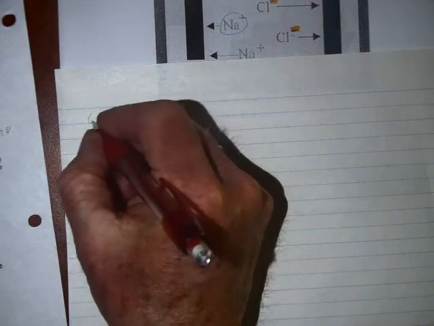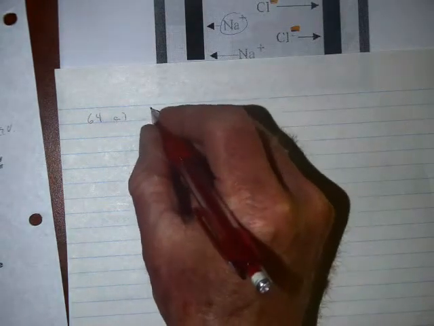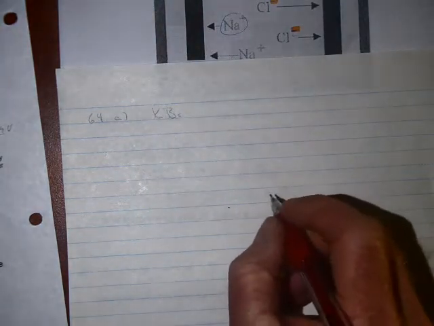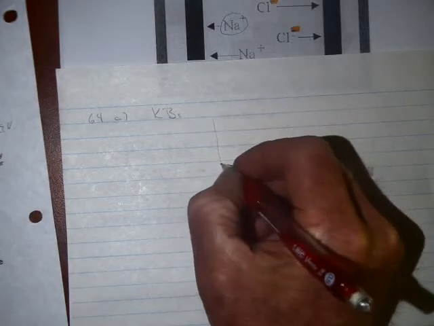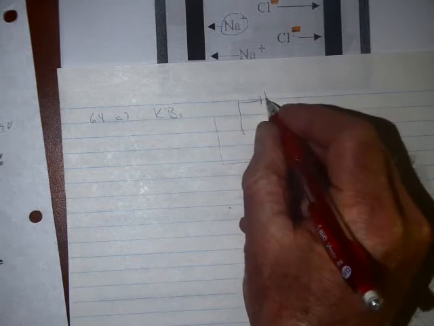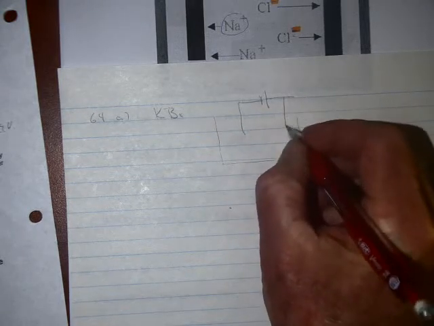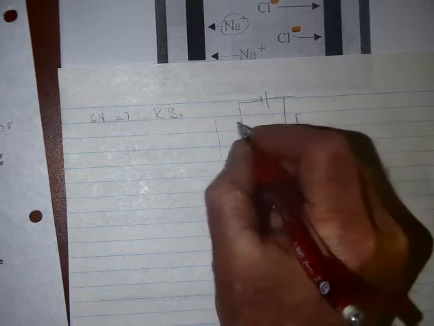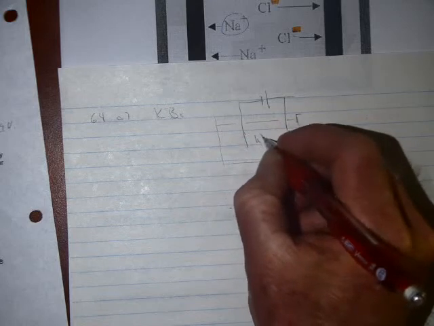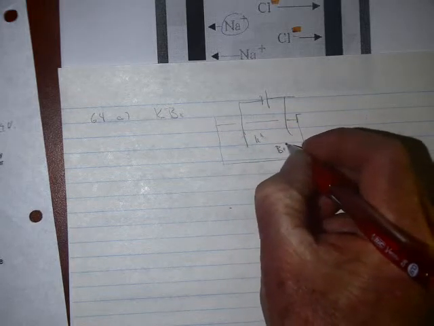Okay, I'm going to assume you have paused and completed. So this is question 64A, and we are going after potassium bromide. This is molten, so we've got this in a container. We've got the electrodes. We have potassium ions, and we've got bromide ions.